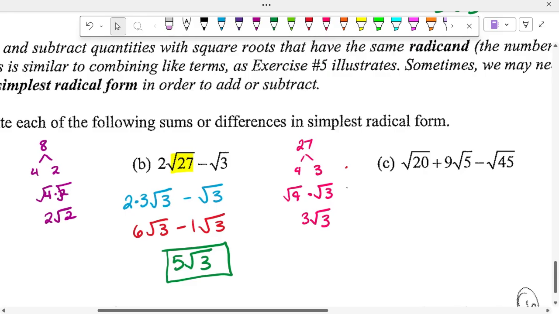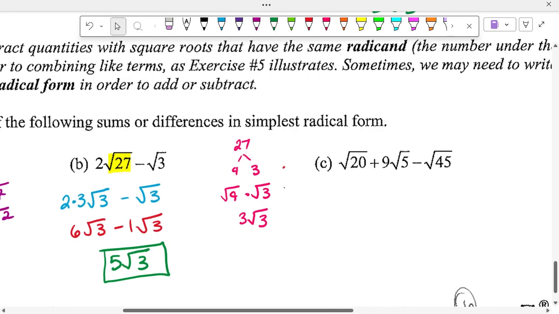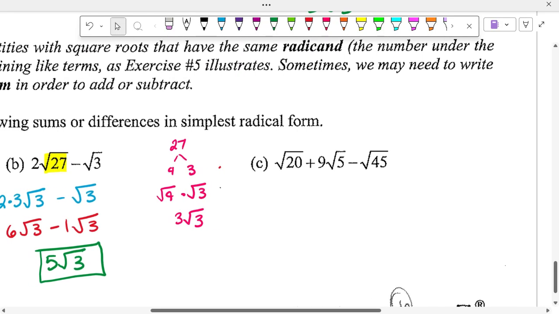All right. Any questions? Heads up, guys. Come on. Try that last one on your own. So you have to simplify 2 radicals. So try that last one on your own. So simplify the radicals first if you can.